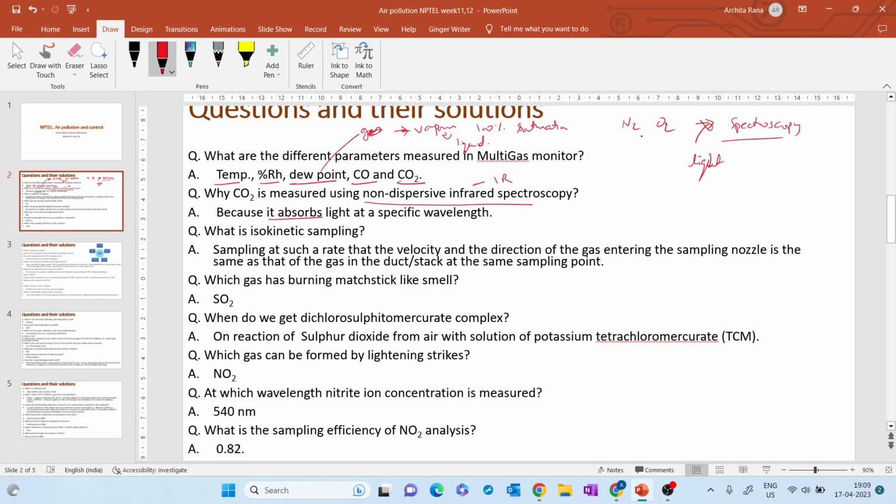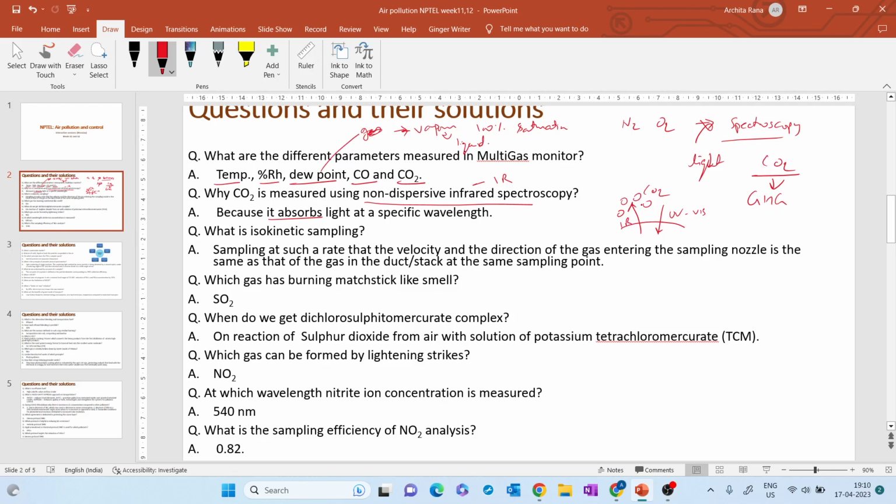We know that CO2 is one of the greenhouse gases, right? The general principle of the greenhouse gas effect is that the light which reflects back from the earth's surface is absorbed by these gases or particles in the atmosphere. The light which comes in is generally UV visible, and the light which goes out is IR.